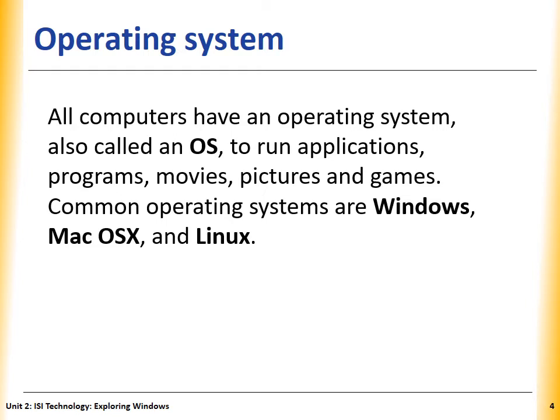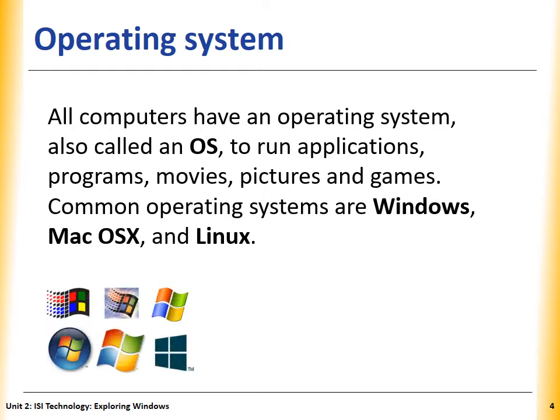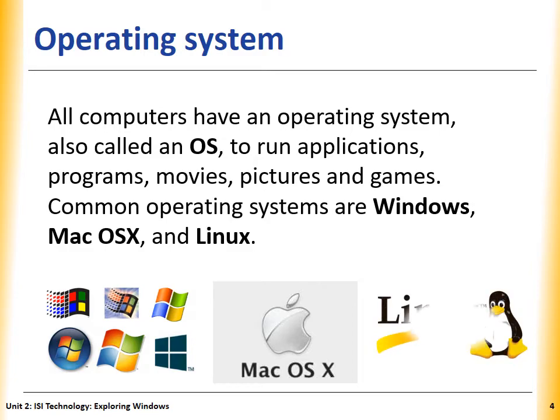This is the logo of Windows, and it's from Microsoft, of course. And we have another operating system called Mac OS X from Apple, and this is the logo of Mac OS X. And the last one is called Linux, and this is the logo of Linux.